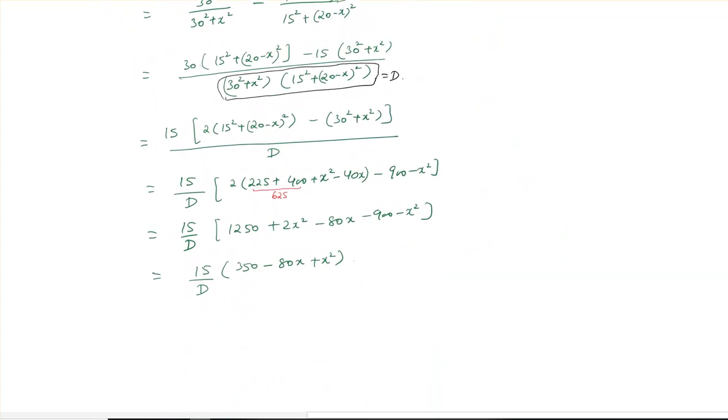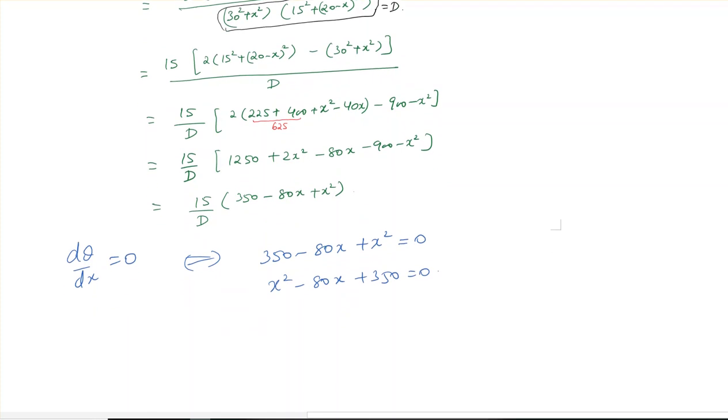Now we want to set d theta over dx equal to 0, which implies that the numerator should be 0. So 350 minus 80x plus x squared should be 0. You have a quadratic equation, and you can use your calculator to figure out the roots.